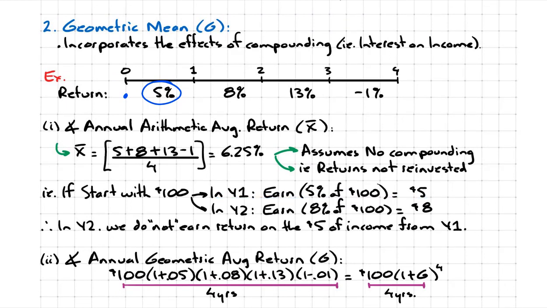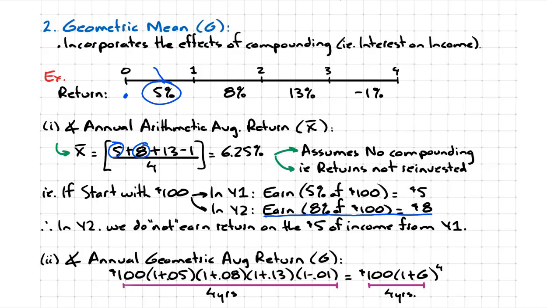However, in year 2, because we're just looking at 8% here, we're assuming that we're going to earn 8% of 100, or $8. So by simply adding up the returns for each year, you're not taking into account the compounding effect. You're not assuming that the 8% in year 2 is being earned on the 5% that was earned in year 1 as well.